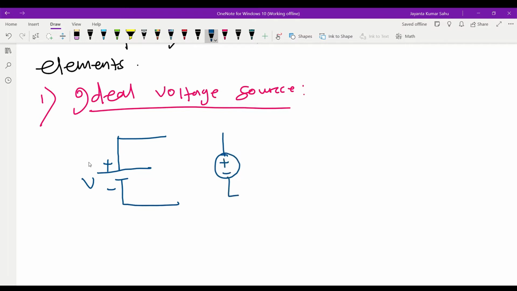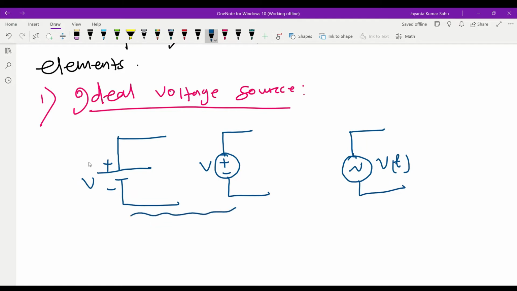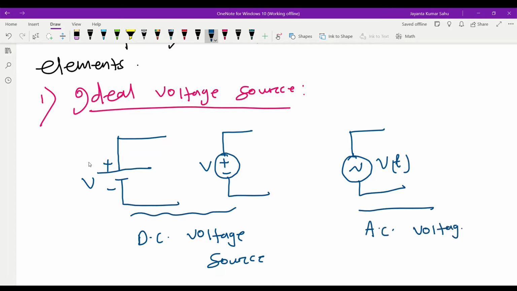Positive, negative, V. And this is the AC source. AC source means sinusoidal representation, where we can write v(t). This is my DC voltage source and this is my AC voltage source.